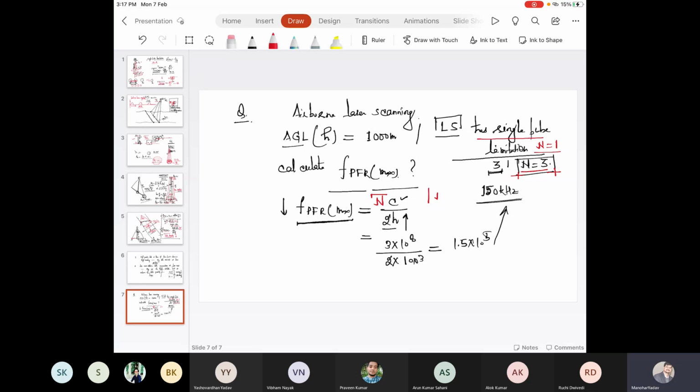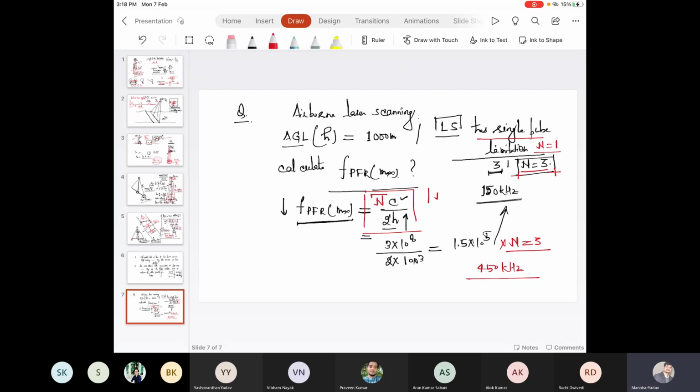It is called this multi-pulse identification facility within the receiver. So in that case, your formula will be NC by 2H. So if n is equal to 3, you multiply by n, so it's 4.5, so 450 kilohertz.